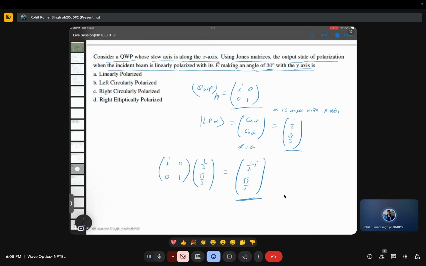Okay, so what does this represent? Is it a linearly polarized light? Is it left circularly or right circularly, or an elliptically polarized light? What do you think? Any idea?